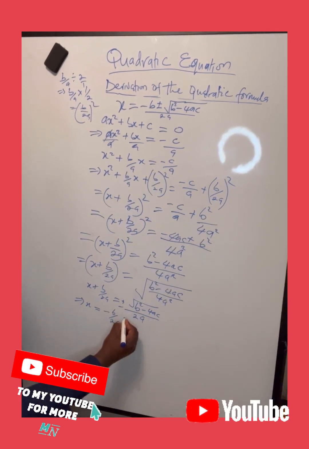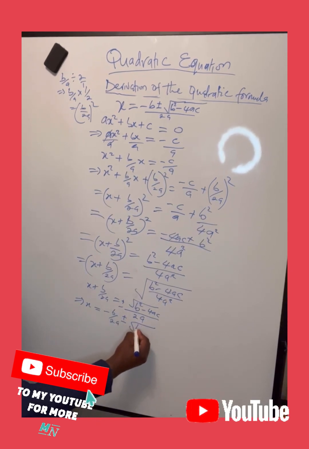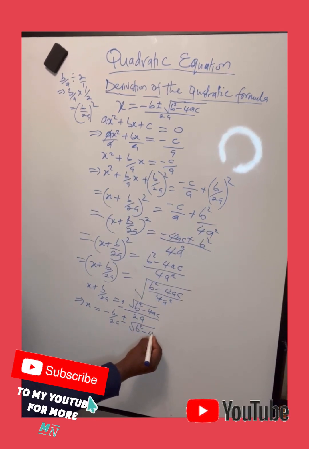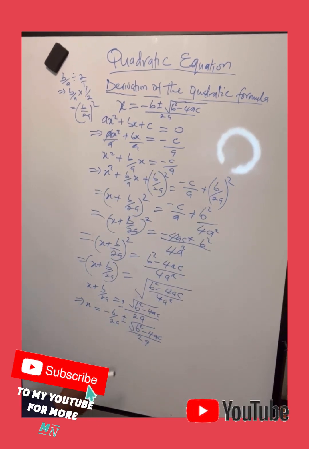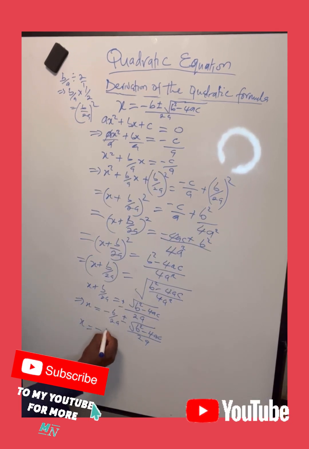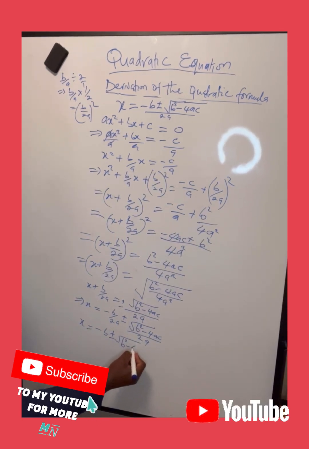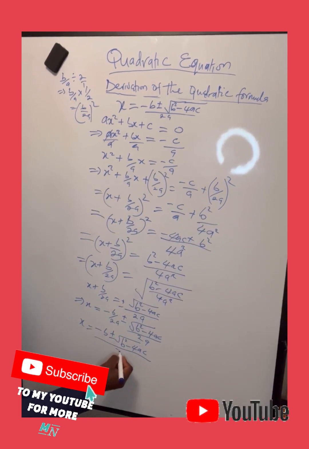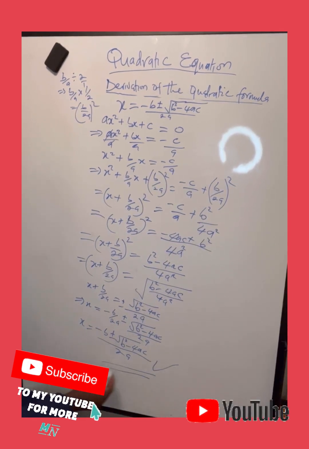So I'm going to put plus or minus the square root of b squared minus 4ac divided by 2a. This is divided by 2a, this is divided by 2a. So x is going to be minus b plus or minus the square root of b squared minus 4ac all over 2a. So this is the quadratic almighty formula.